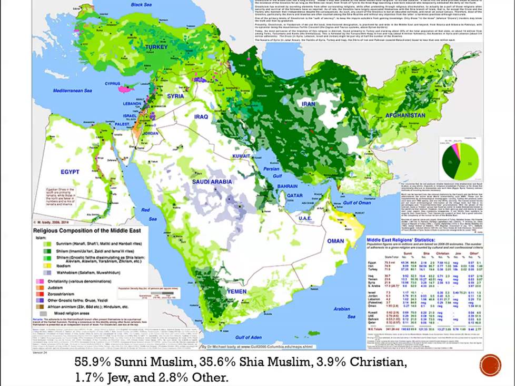So you can see it's kind of hard to make it out here because the chart is very small.